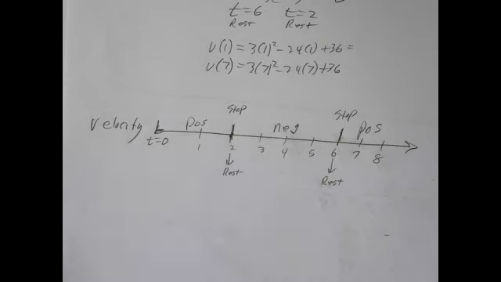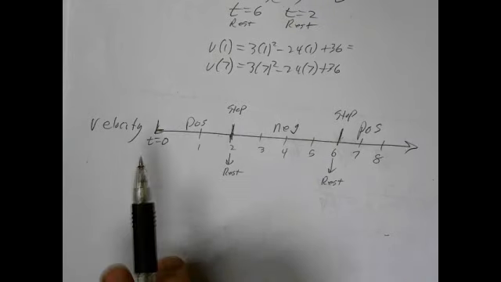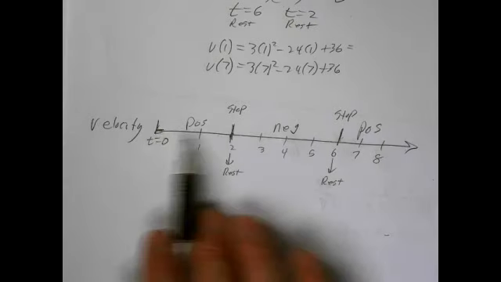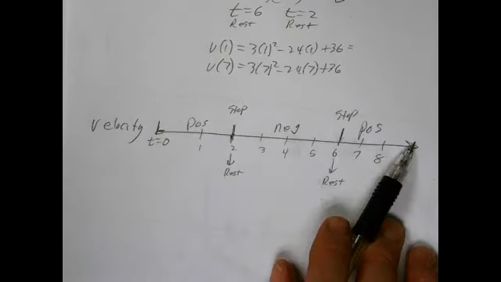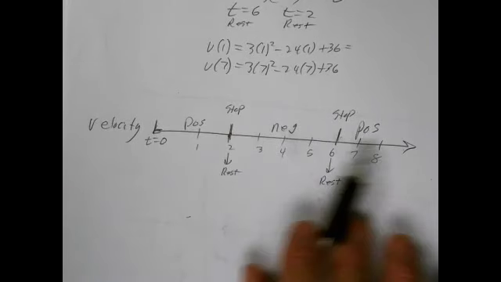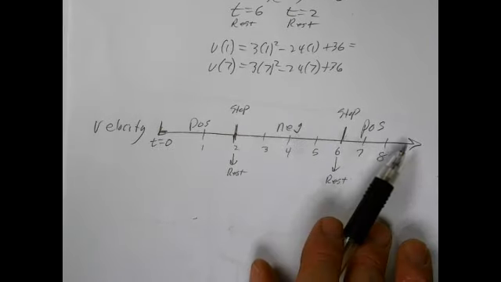Well, one thing you're going to have to take into consideration is the fact that it's moving back and forth. All right? It's moving back and forth. So what we're going to have to do is look at these intervals of time, right? Look at these intervals of time individually.